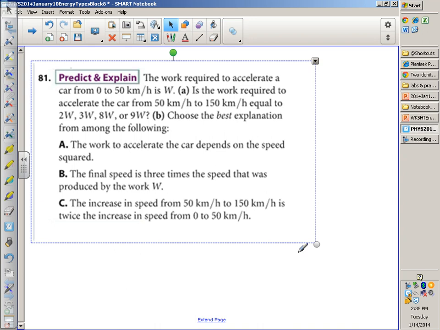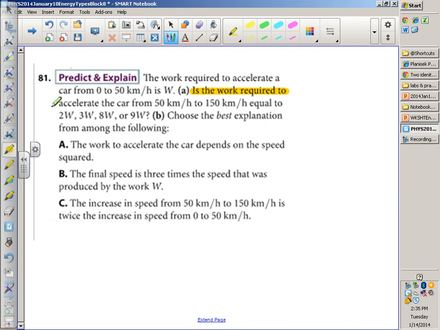Part A says, is the work required to accelerate the car from 50 to 150 equal to twice the original value, 3 times the original value, 8 times the original value, or 9 times the original value?